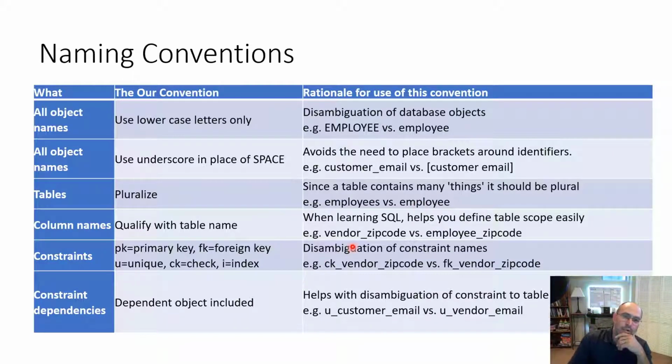Every column will be pre-qualified with the table name, so it'll be employee zip code or vendor zip code rather than just zip code. And my constraints will have a prefix, so PK for primary key, FK for foreign key, U for unique, CK for check, I for index. And I will always include a dependent object, so it's going to be U customer email and U vendor email.